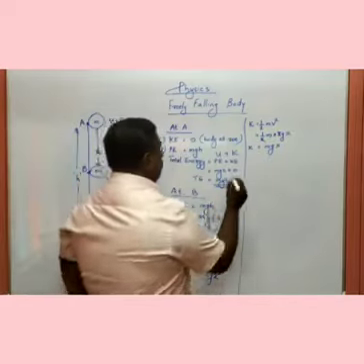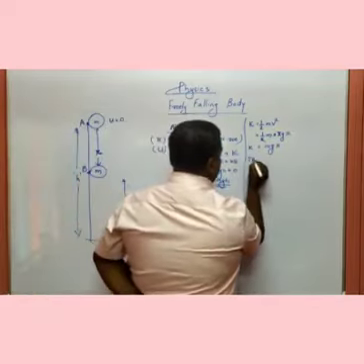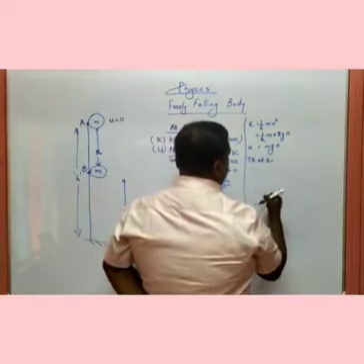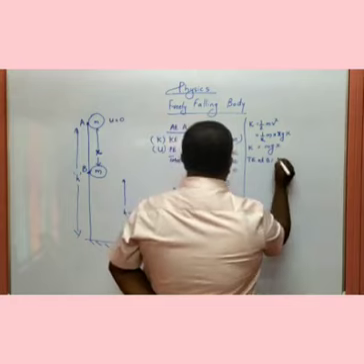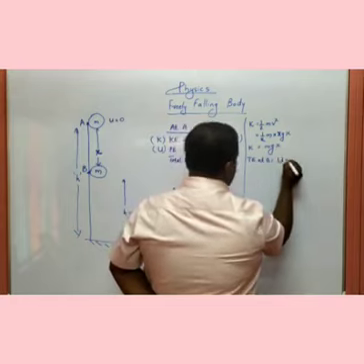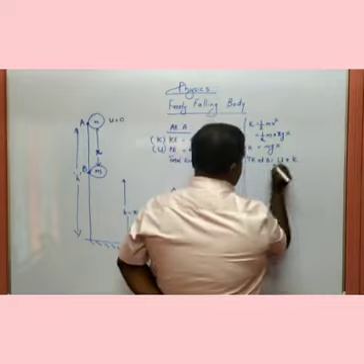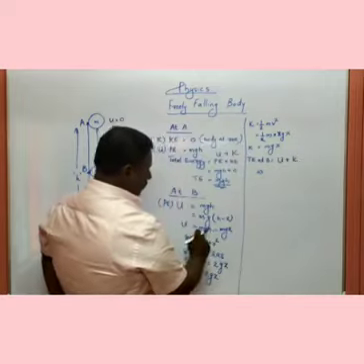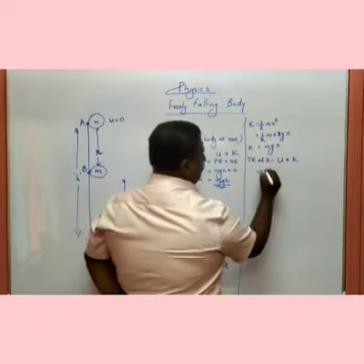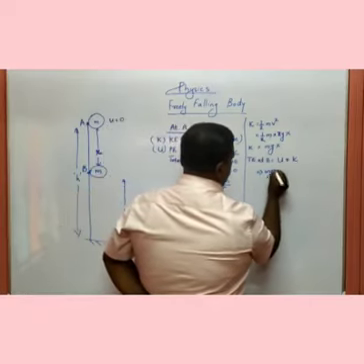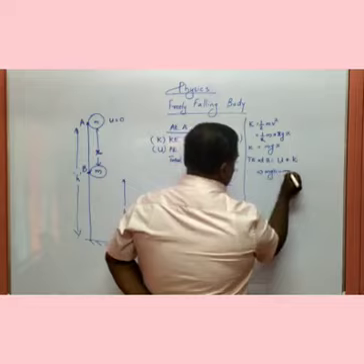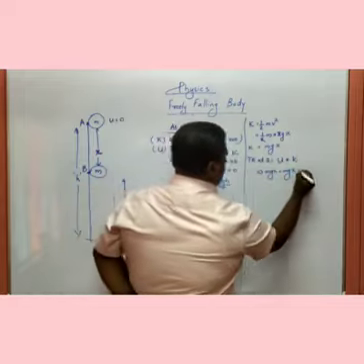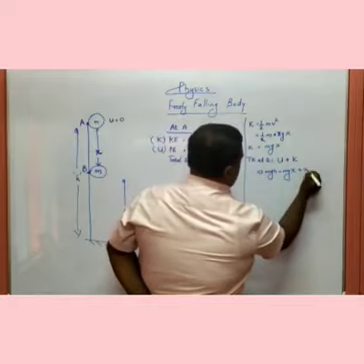Okay. Then we have to calculate the total energy at B. That is equal to potential energy, gravitational potential energy, plus kinetic energy. That equals the value of U, mgh minus mgx, plus the value of kinetic energy, that is equal to mgx.